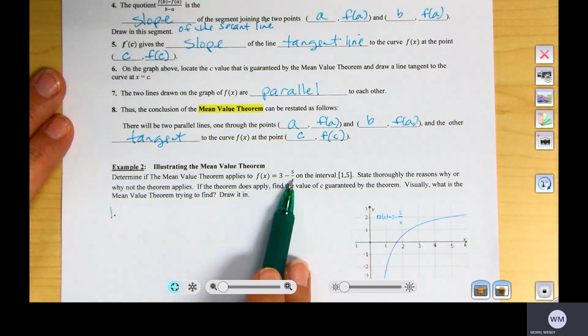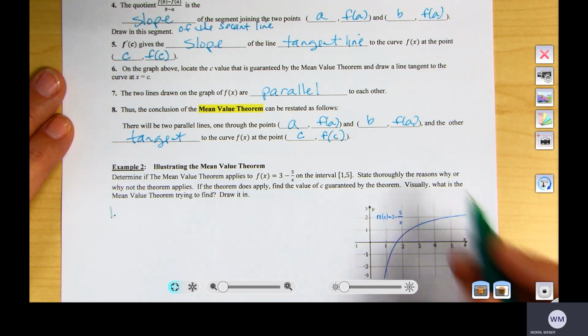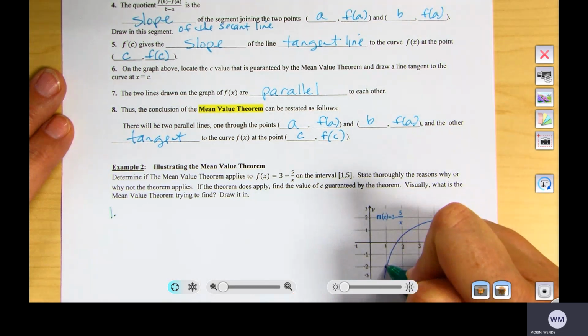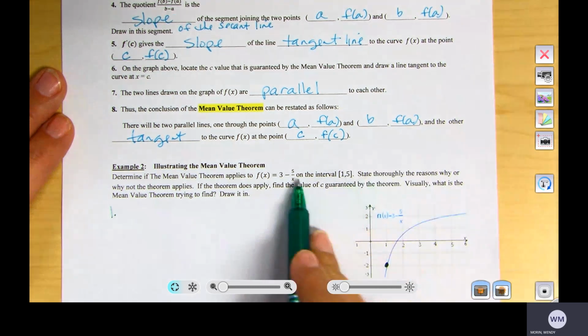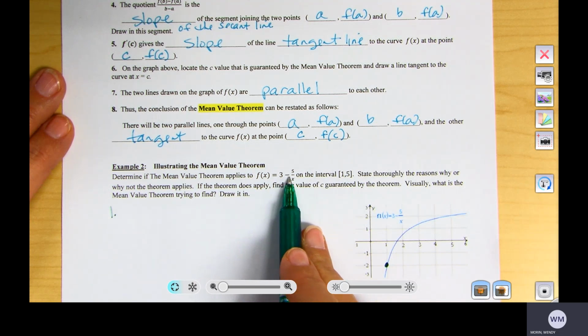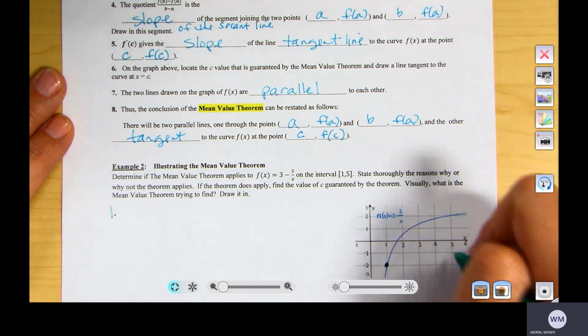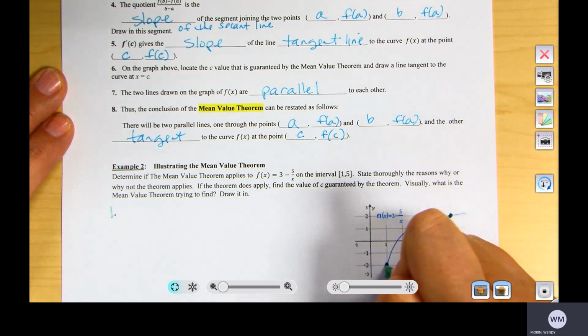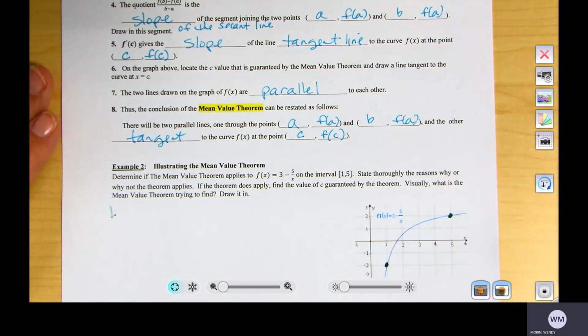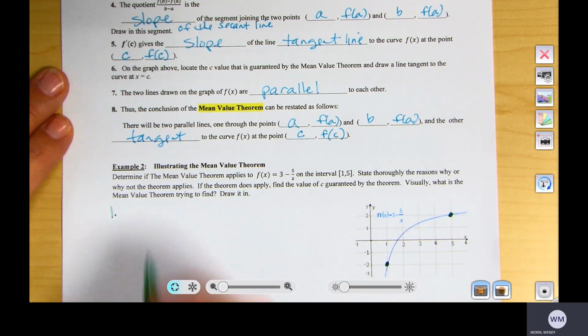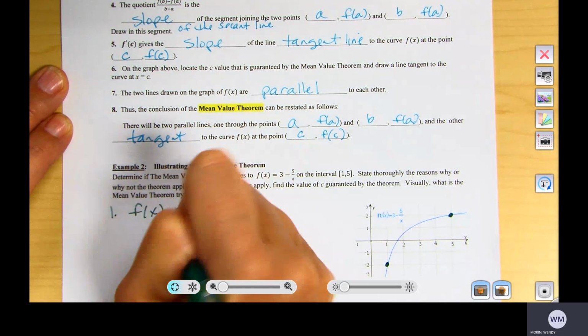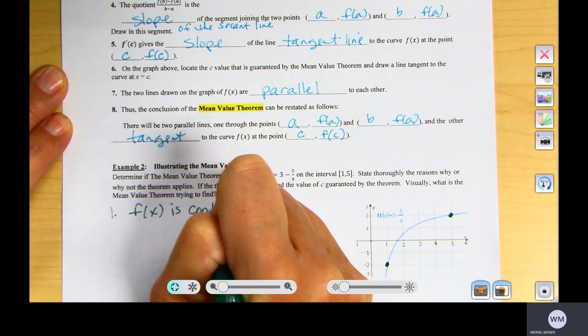So when you plug in a 1, you get -2. So we only care about from here to 5. So when you plug in 5, you get 3 minus 1, which is 2. So we're going from that interval, okay, from 1 to 5. Is the function continuous? Yes. So number one, f of x is continuous.